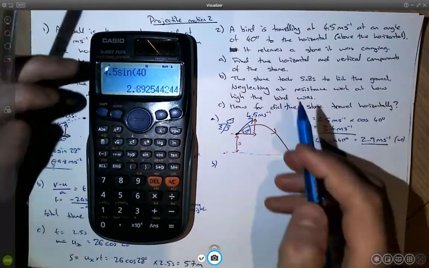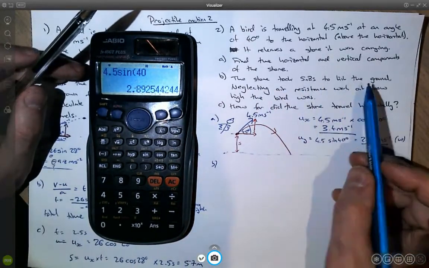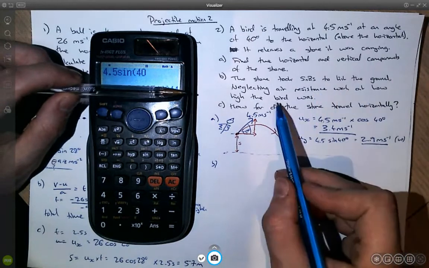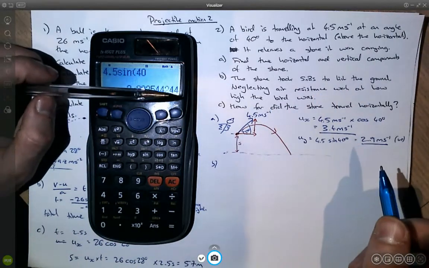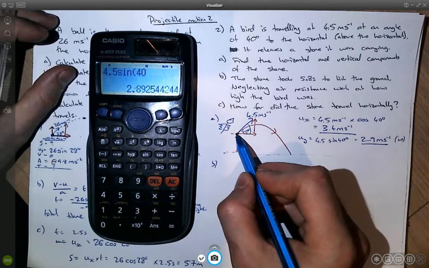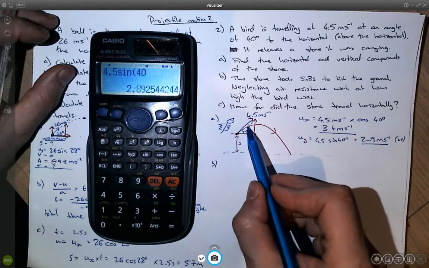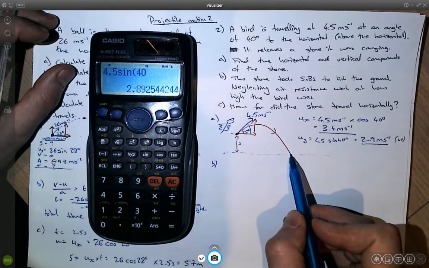Part B, the stone took 5.8 seconds to hit the ground, neglecting air resistance. Work out how high the bird was. So this is now a tricky question that's going to involve quite a few steps because we have to take into account the fact that the stone is going to go up and then it's going to go down again.